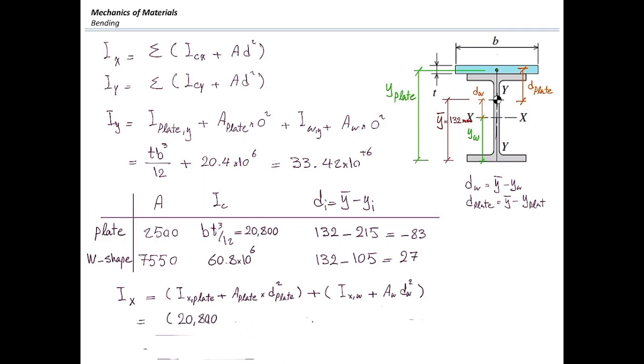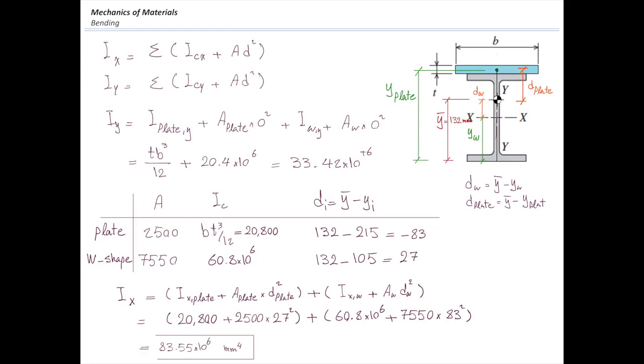Now we are going to plug in the values that we have obtained in the previous steps, put them together, and calculate how much is the total moment of inertia for this shape. The total moment of inertia for this section is going to be 83.55 million millimeters to the fourth. Alright, so I just wanted to solve another example on how to determine moment of inertia for a combined section.